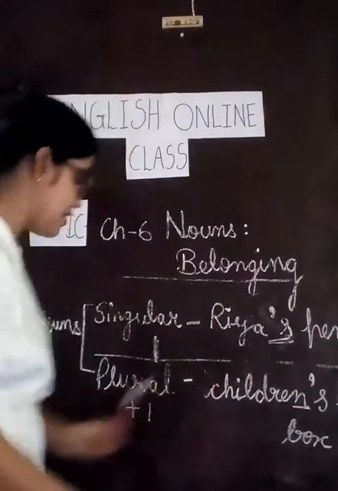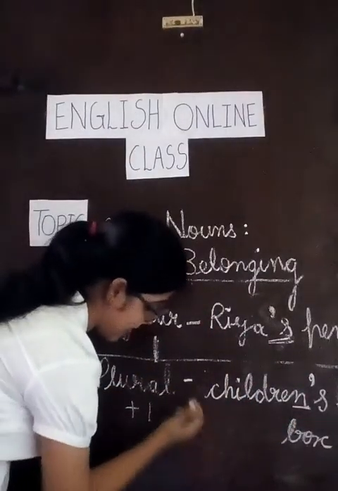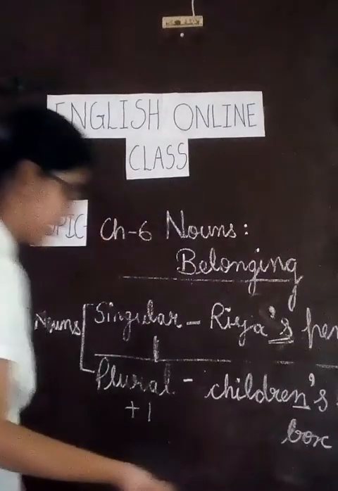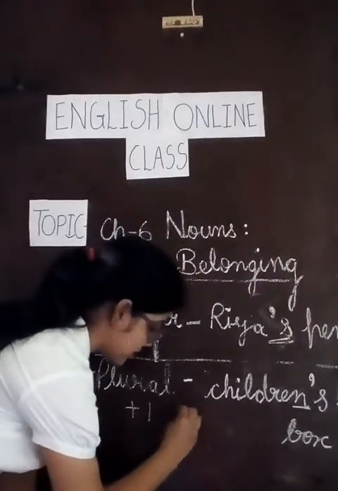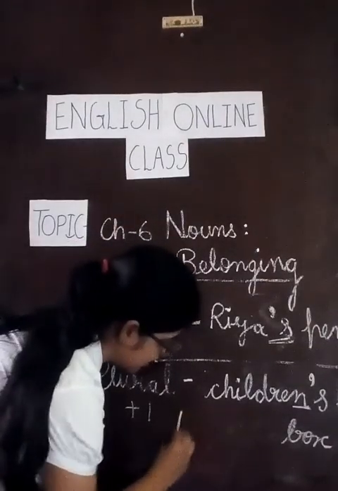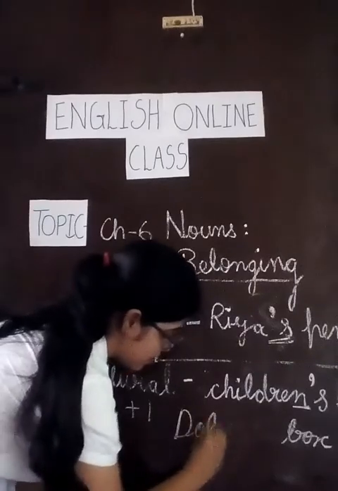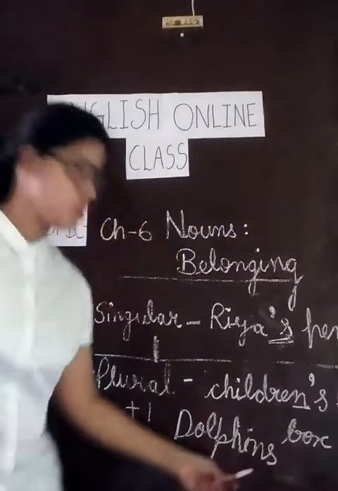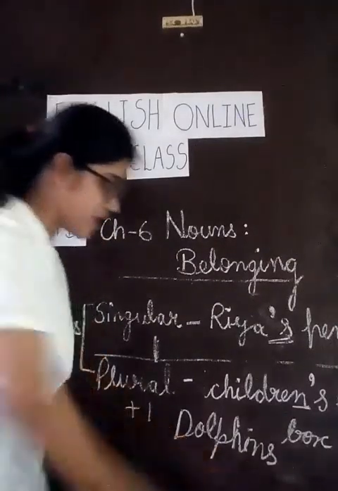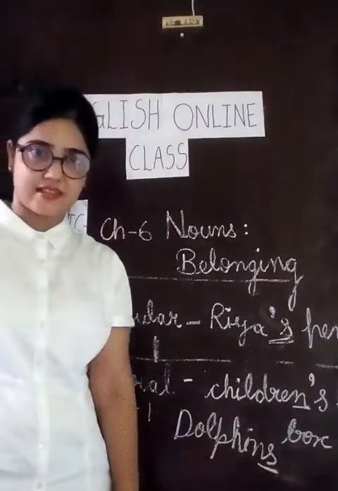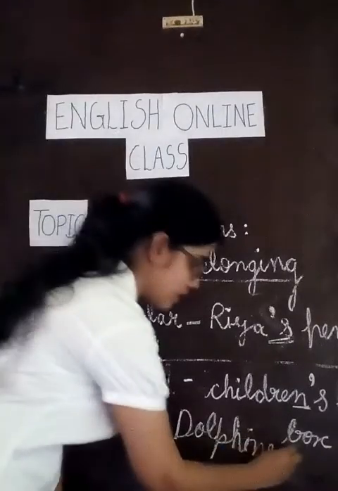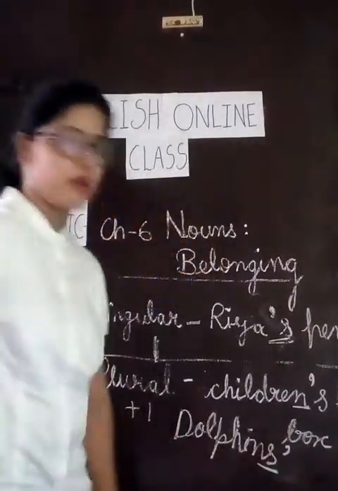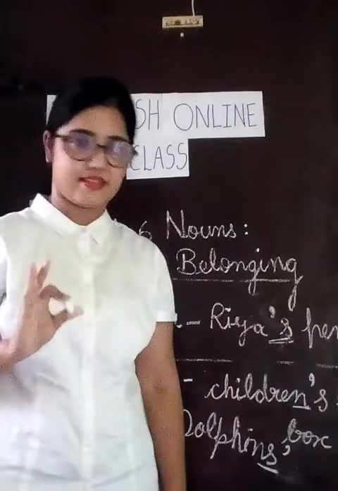But if it ends with s, for example dolphins, it ends with s. So for this, we will only put an apostrophe, not s.